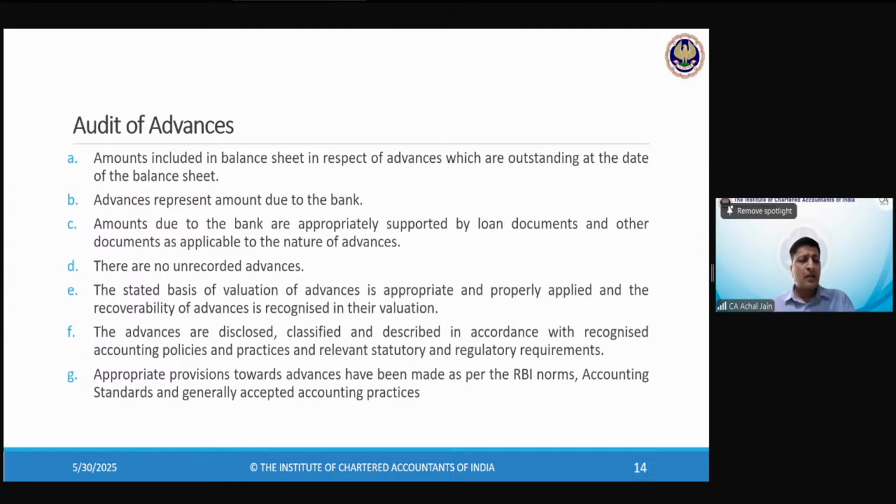Otherwise, we also understood that some areas, or some advances belonging to a particular category, may get missed out, or they may not be covered to the extent the auditor would have liked, which is all about under audit.